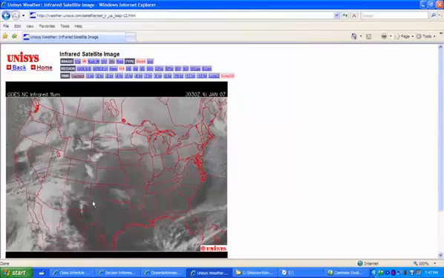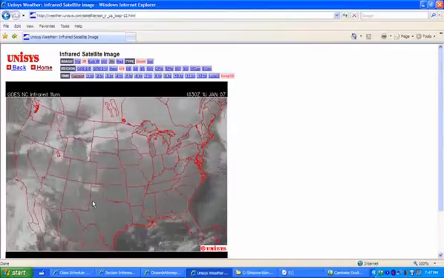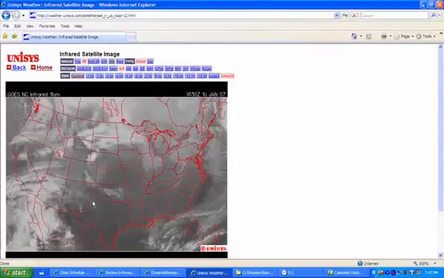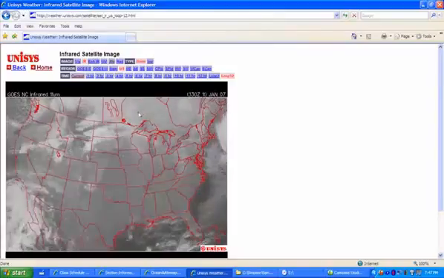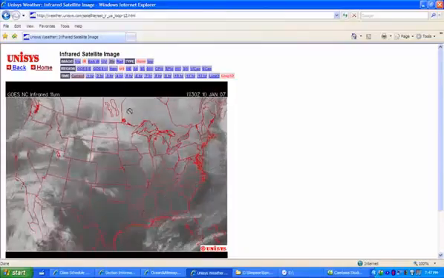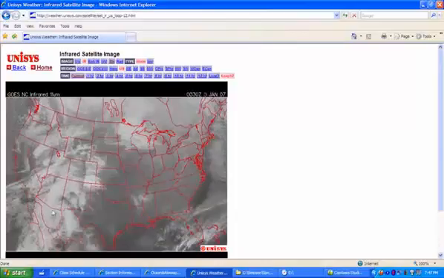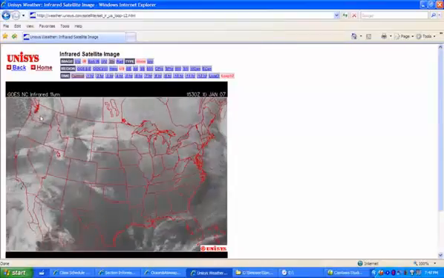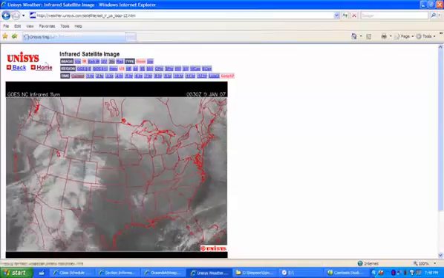So, if we were to go back and look at a surface map, recall the surface map is where they have all the low pressures, high pressures, fronts. There's probably some sort of weather system out here where I'm outlining with the cursor, and probably some sort of weather system down here in the southwest, and probably a weather system up here in the Pacific Northwest. So let's just go to the Unisys homepage.